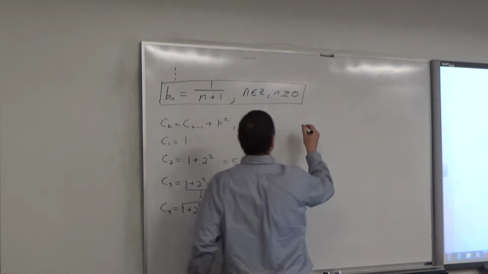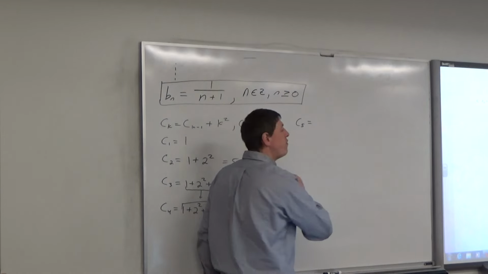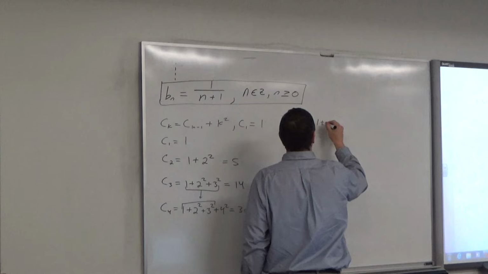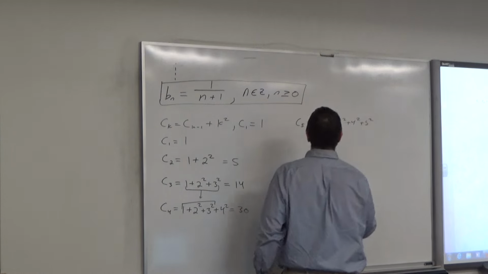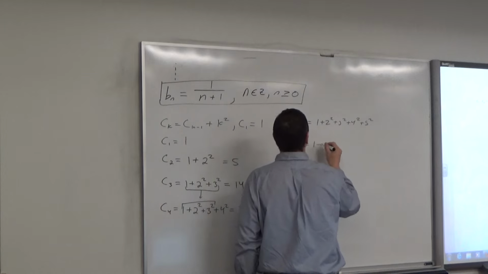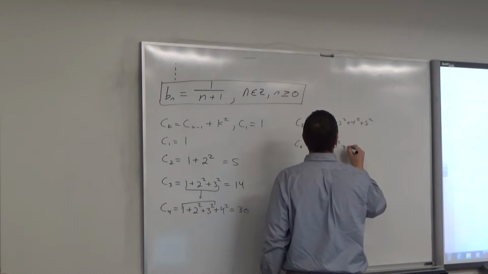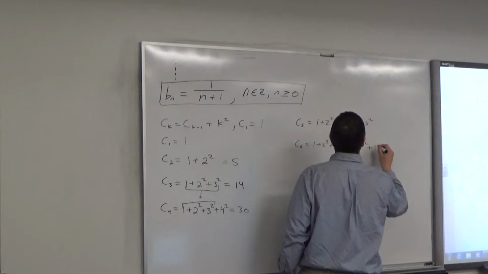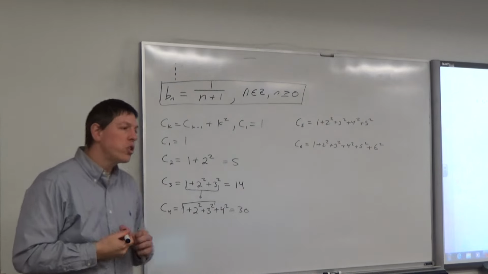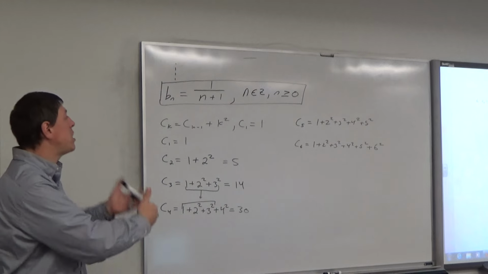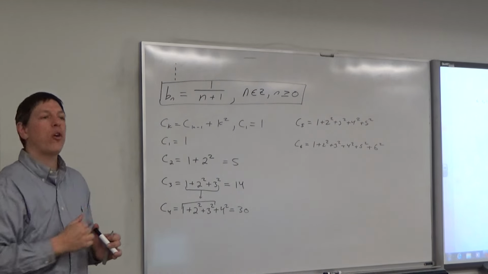Like for instance, if I asked you what C5 was, C5 is what? 1 plus 2 squared plus 3 squared plus 4 squared plus 5 squared. And then C sub 6 would be equal to 1 plus 2 squared plus 3 squared plus 4 squared plus 5 squared plus 6 squared, right guys? So in other words, guys, doesn't this recursive iteration sequence just keep adding the next perfect square each time?